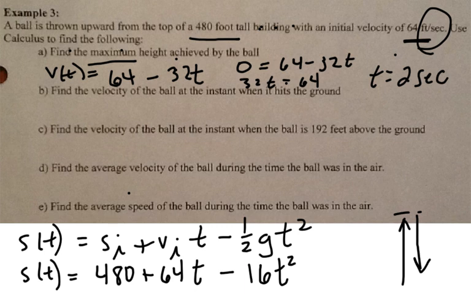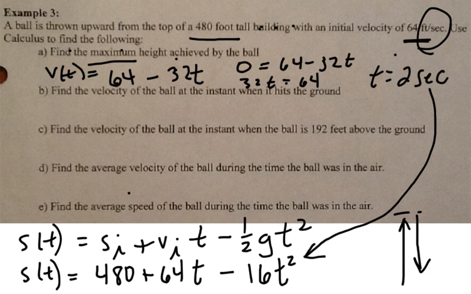Okay, so that wasn't what they asked me to find. That tells me when the maximum height is achieved, but it doesn't tell me what the maximum height is. So to get the actual maximum height, now I need to plug 2 in to this position equation to find out how high it went.